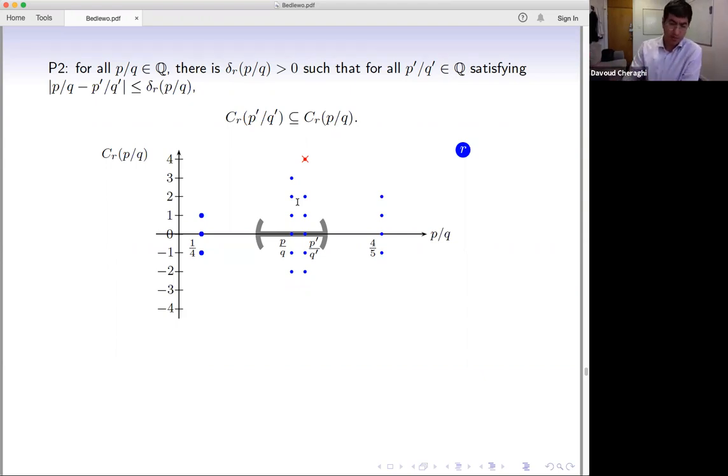When you, for rational values, take limits, the set of candidates will always be smaller than the limiting value. In this picture, I have used this tag R, because these neighborhoods and everything that we talk about here depends on being R good. So implicitly there is this R there.